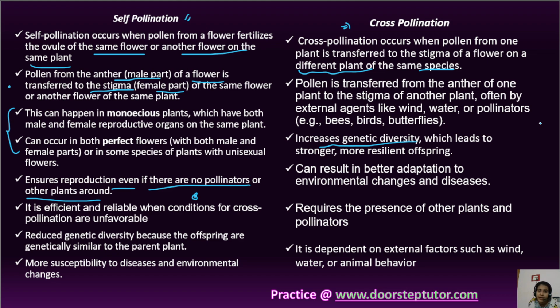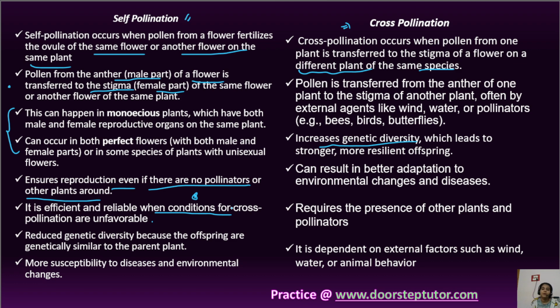Another advantage of self pollination is that it is efficient and reliable; when conditions for cross pollination are unfavorable, self pollination makes sure that pollination is done.